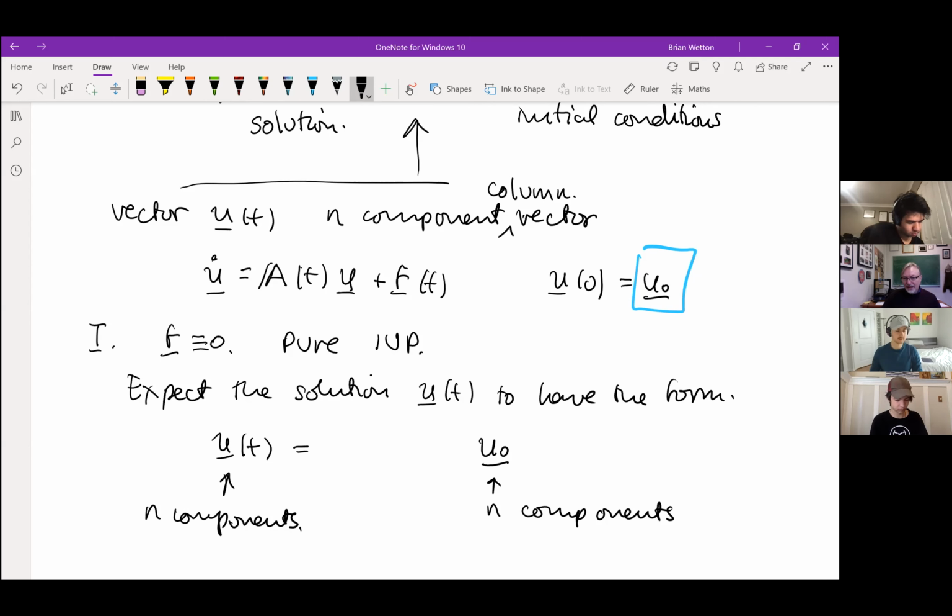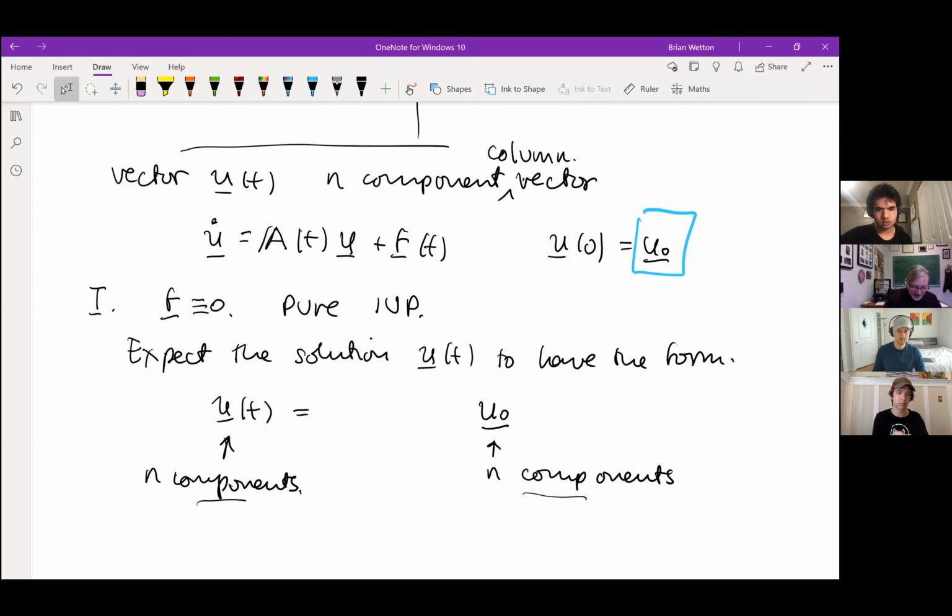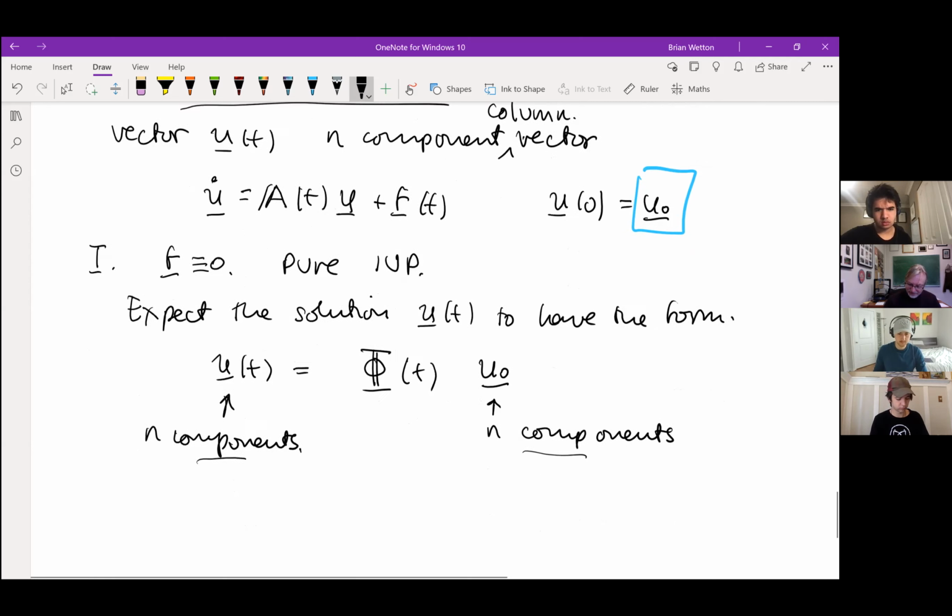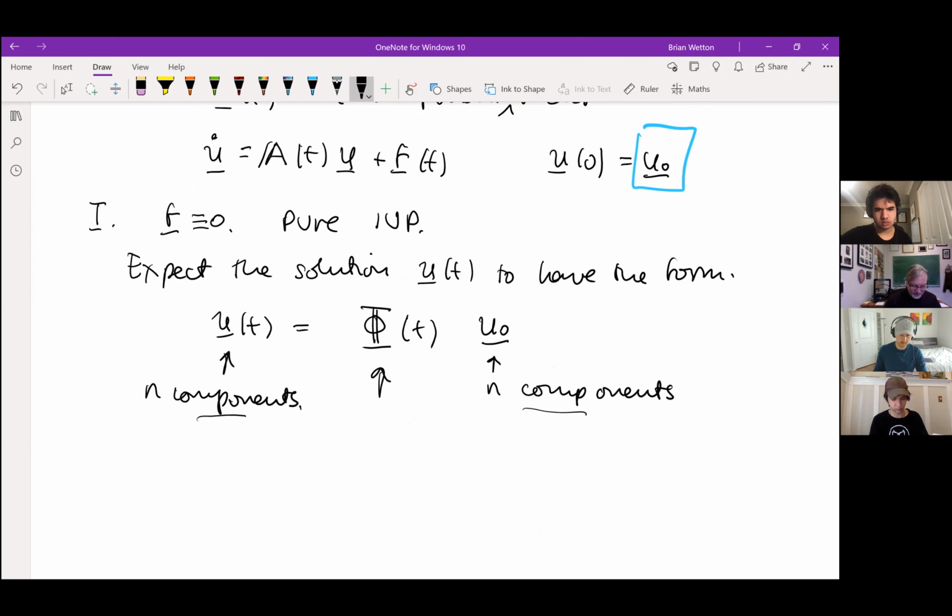And you know that each component of the solution is going to be affected by each component of the initial data in general, right? If the matrix A was a diagonal matrix, that wouldn't be true. But okay, we're not just looking at diagonal matrices. So there's going to be a matrix, right? This is going to be an n by n matrix.